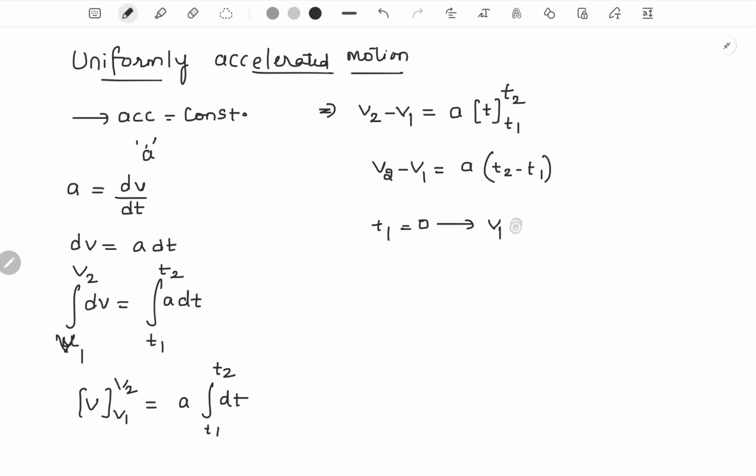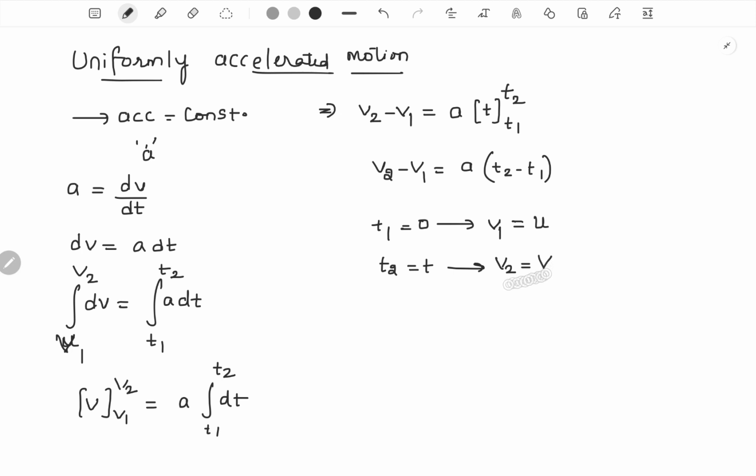Then v1 would be the initial velocity. Let's represent it with u, and let's call t2 as t, and v2 is the velocity v at that particular time t, after a time t from the start of the motion.